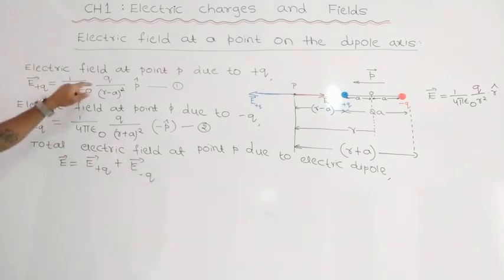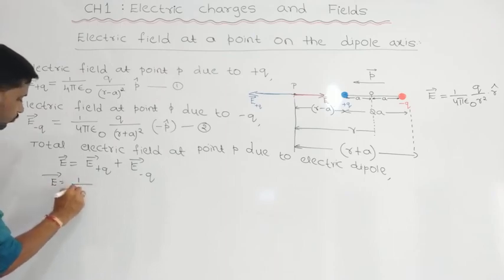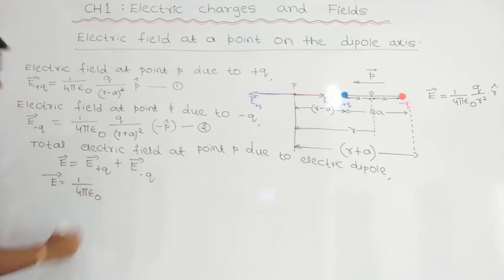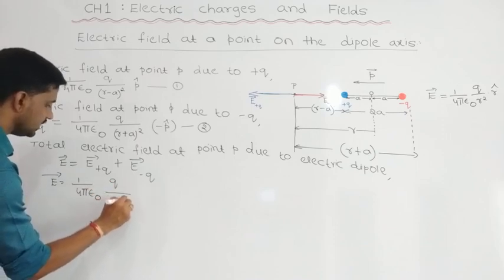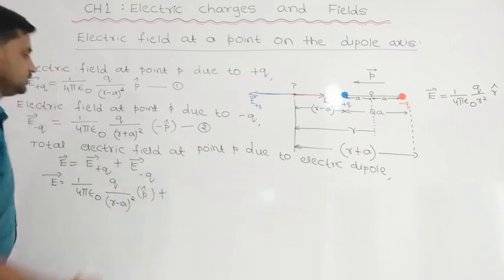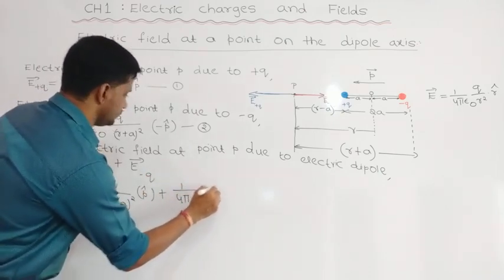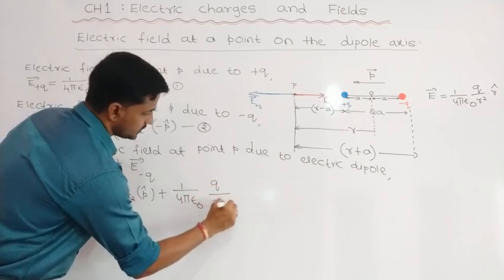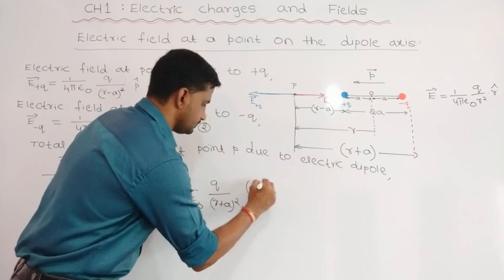I am adding these two equations. Then we get E vector is equal to 1 by 4 pi epsilon naught Q divided by R minus A square P cap plus 1 by 4 pi epsilon naught Q divided by R plus A square minus P cap.